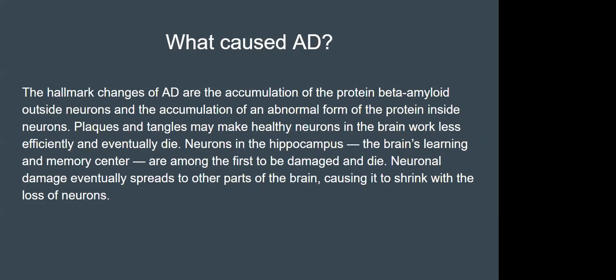Plaques and tangles may make healthy neurons in the brain work less efficiently and eventually die. Neurons in the hippocampus, the brain's learning and memory center, are among the first to be damaged and die. Neuronal damage eventually spreads to other parts of the brain, causing it to shrink with the loss of neurons.